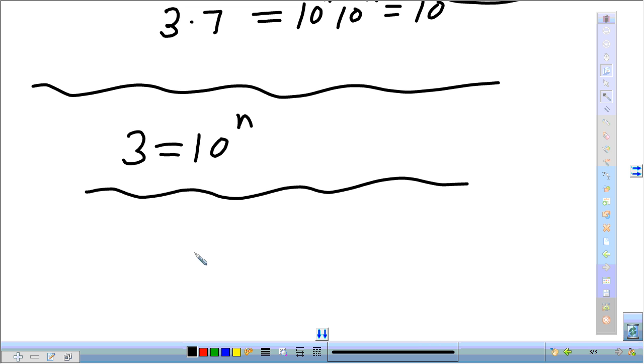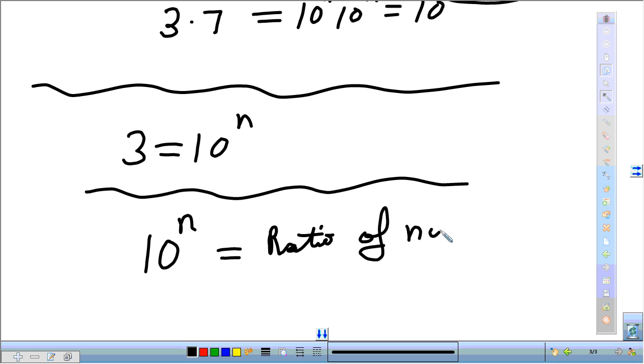Now, in the things that would be studied at a particular time in history, it wasn't that 10 to the n, or come up with the exponent for this. It had more to do with instead of 3, something like 2 billion over 100,000. That kind of ratio is what they were looking at.